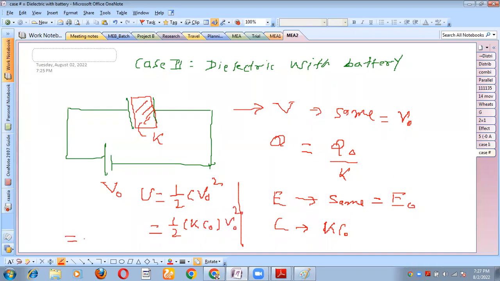So energy becomes K times, energy increases. Energy becomes K U naught. Getting my point? Understood this one?